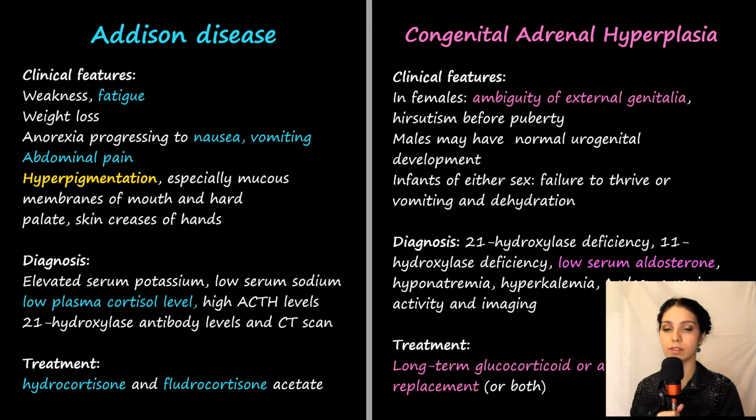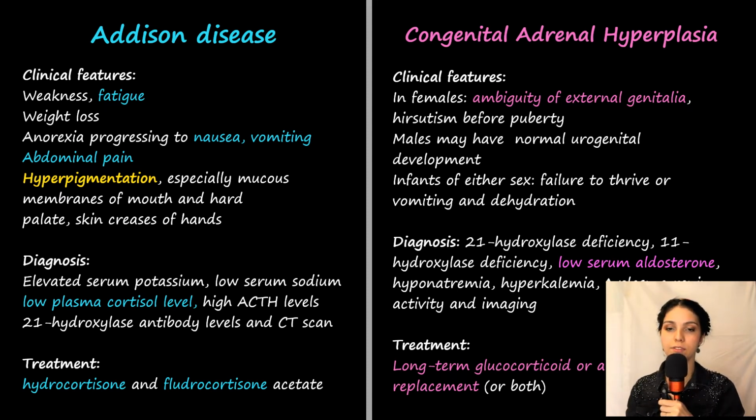Decreased mineralocorticoid, it's aldosterone activity, leads to potassium retention, hyperkalemia, and sodium loss, hyponatremia. Loss of sodium causes volume depletion and hypotension. Orthostatic hypotension, dizziness, and episodes of fainting are associated with adrenal crisis.